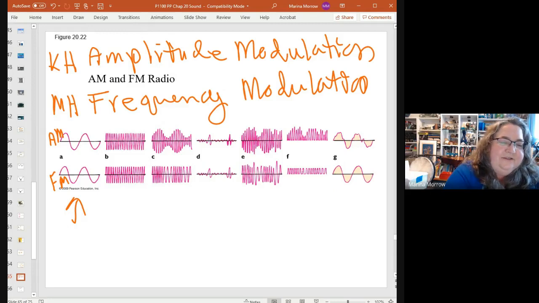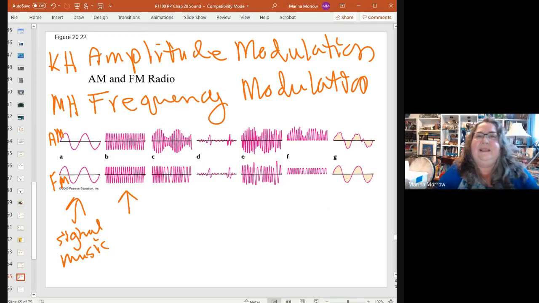And then this one here is called your carrier signal. That's the frequency that your radio station is allowed to transmit on, according to the FCC. And you usually get a range of frequencies as possible. But AM have to stick real close to their frequency. FM is allowed a range because they are frequency modulated.